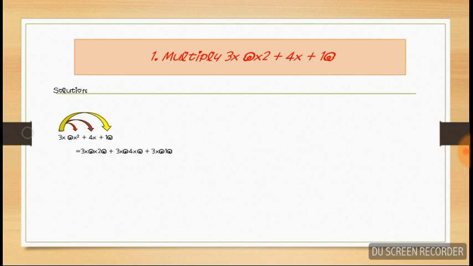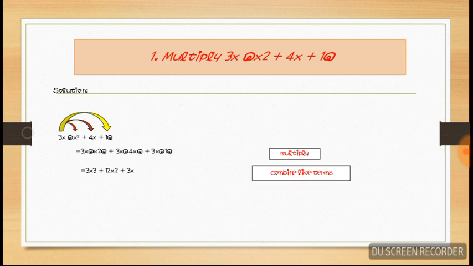After we apply the distribution method, we will multiply each term. So this will become 3x times x squared is equal to 3x cubed, plus 3x times 4x, that would be 12x squared, and 3x times 1, that would be 3x.